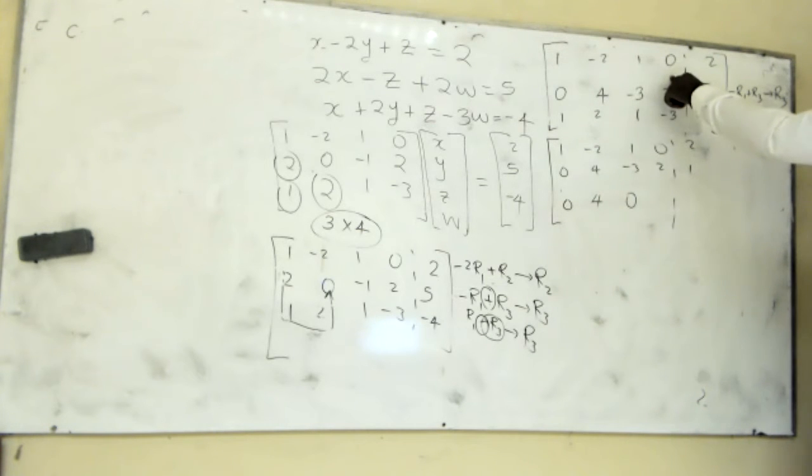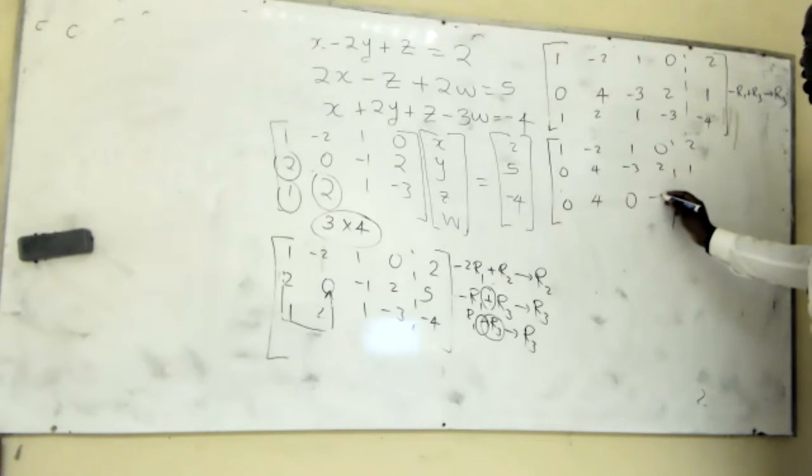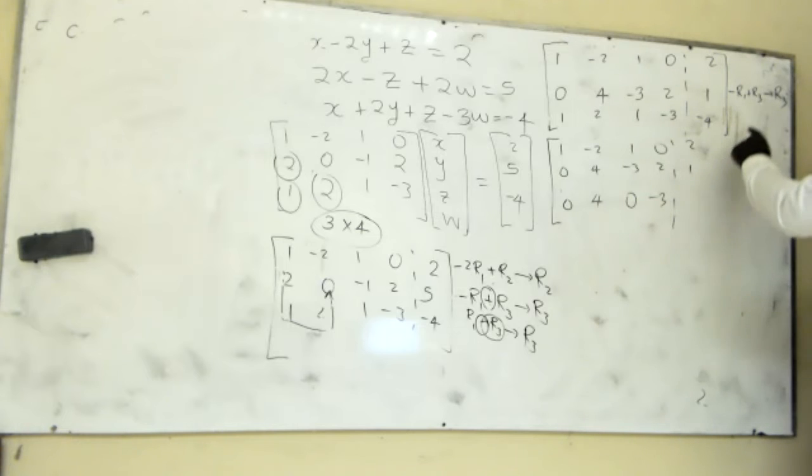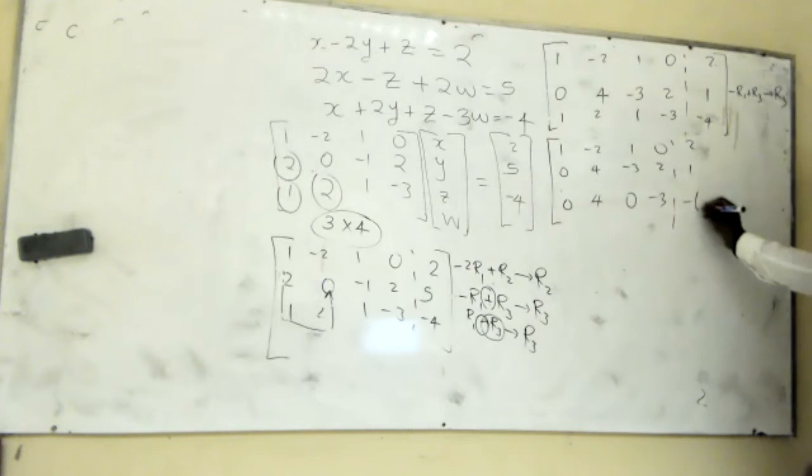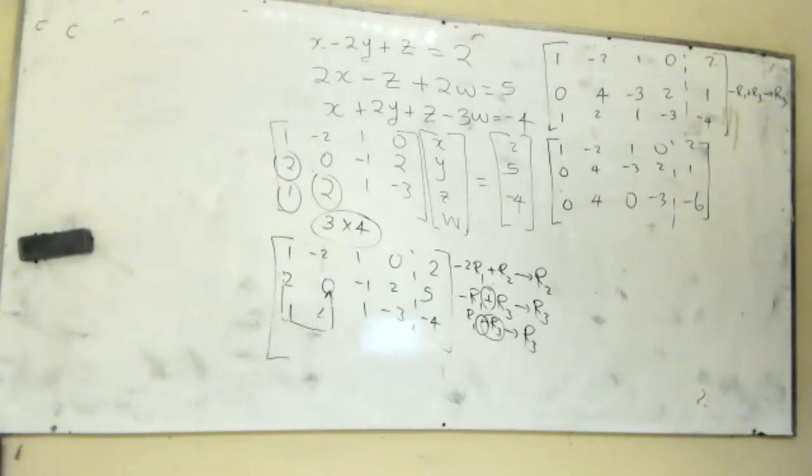So negatives, in this case, is going to be a 0 minus 3, which gives us -3. And then -2 minus 4 is -6. So we now have the transformed row 3.